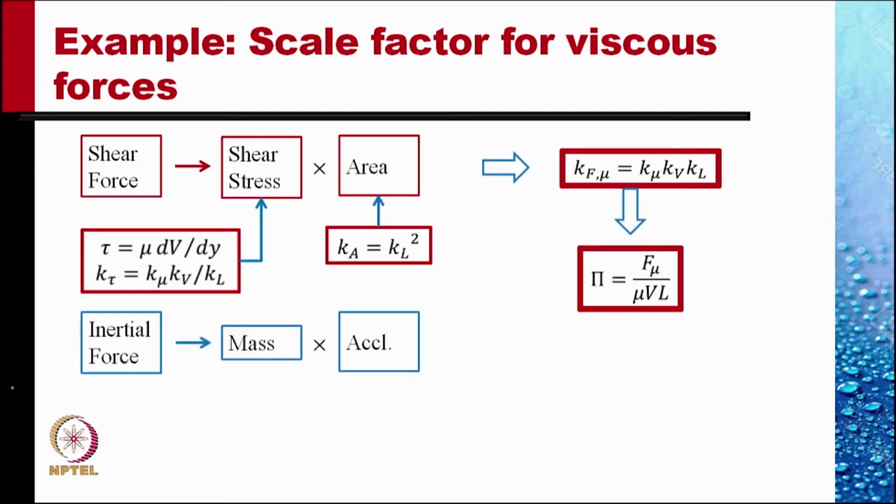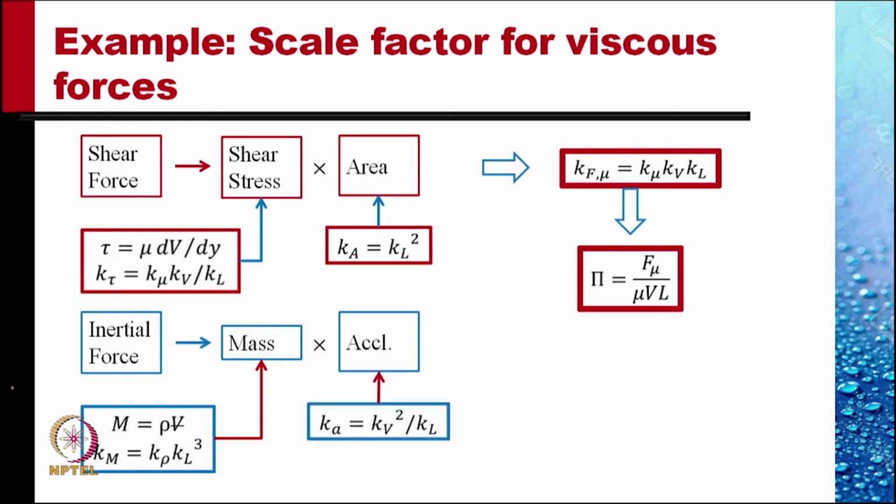for the inertia force. Inertia force is mass times acceleration. The mass is density times the volume. So, K mass is K density times K length cubed, since the volume is like length cubed, and the acceleration from the convective acceleration we obtain K acceleration is Kv square divided by Kl.